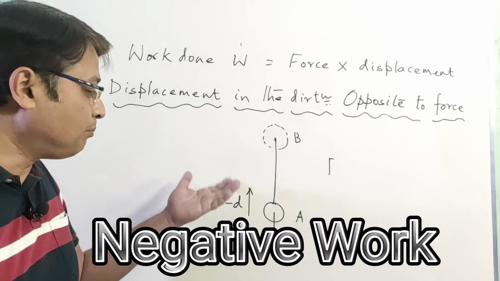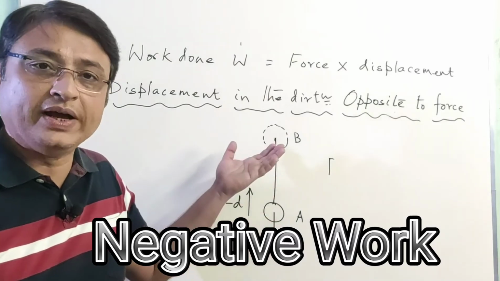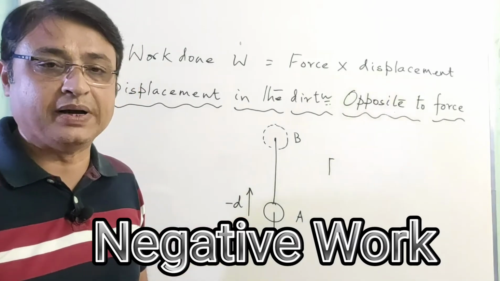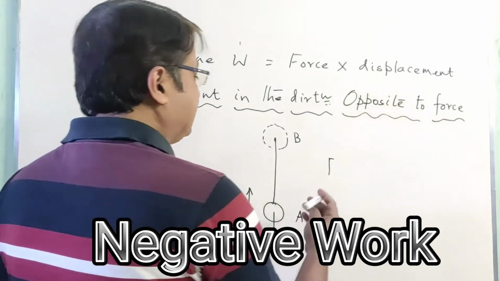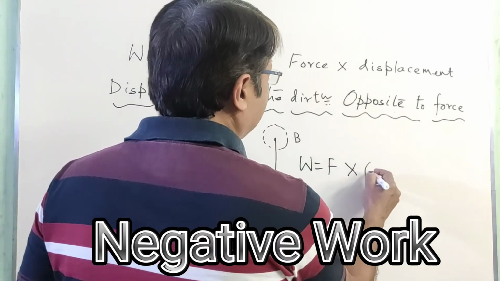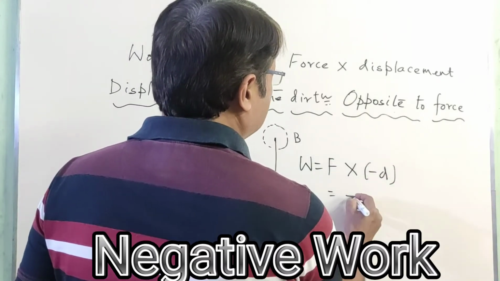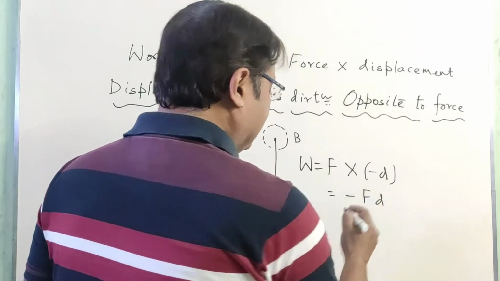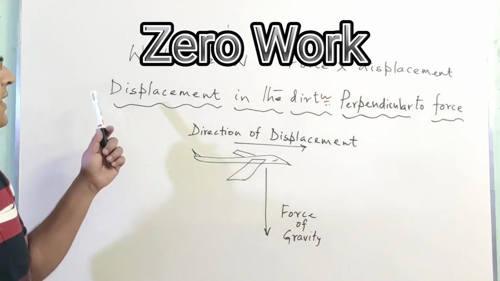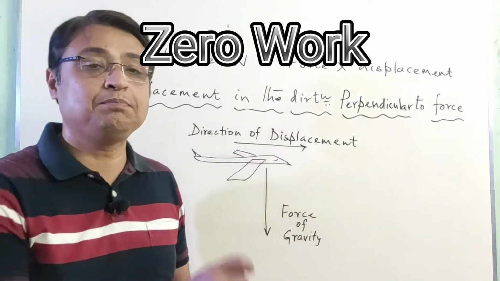So here the ball is actually moving with a minus d amount of displacement. So the work done should be W equals F into minus d, or minus Fd.